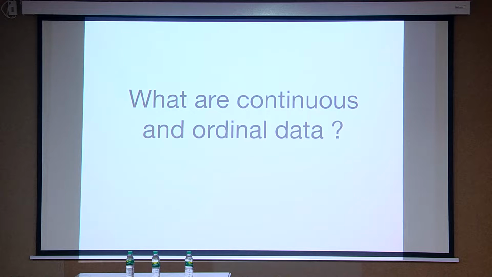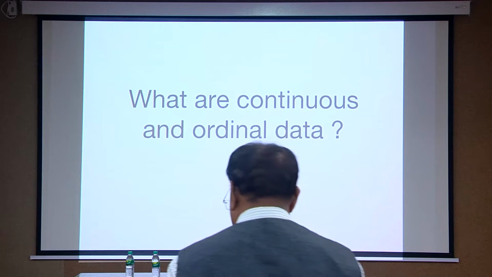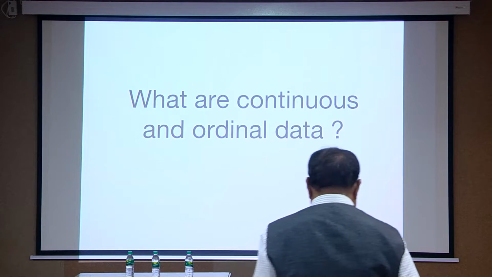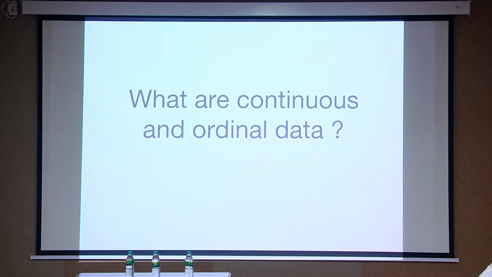When we quantify the decrease in the pain by means of a visual analog score, it is ordinal data. Because VAS score, we all know, is 1, 2, 3, 4, 5, 6, 7, 8, 9. It doesn't have any specific unit. It is just an orderliness which helps us to understand the severity of the pain.